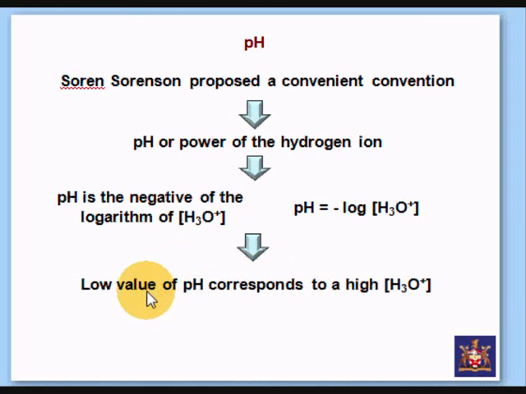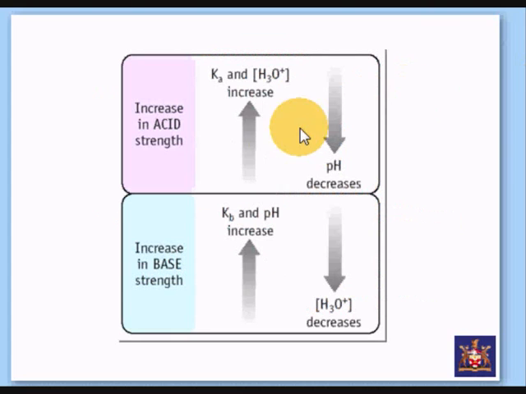So a low pH number corresponds to a high concentration. That's what you've got to remember. A high hydrogen concentration refers to a low pH, and that's exactly what we said there. And bases work basically in the same way too.